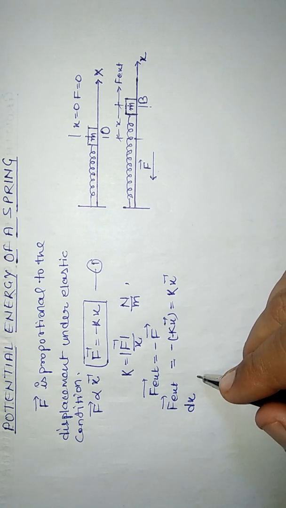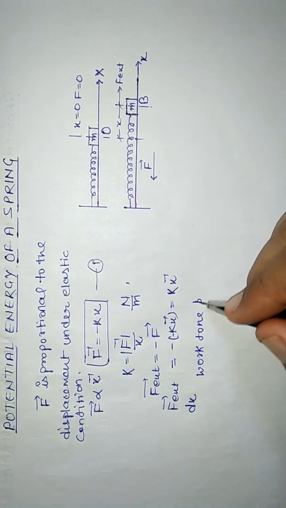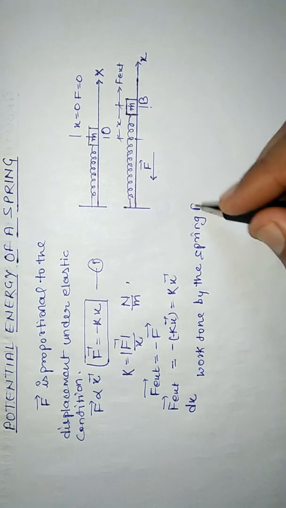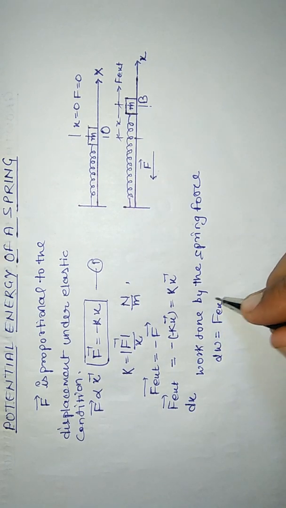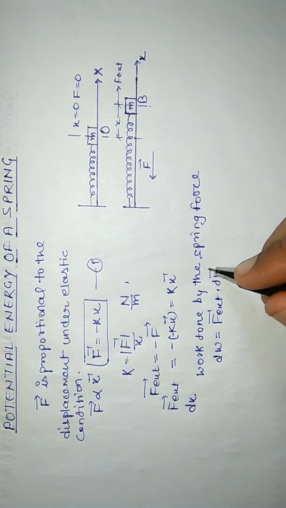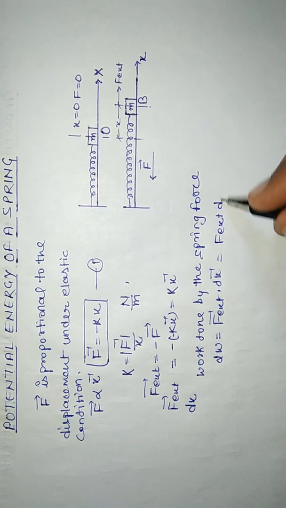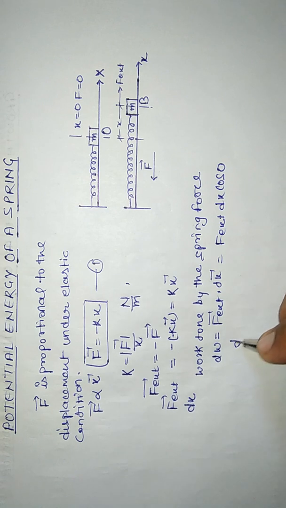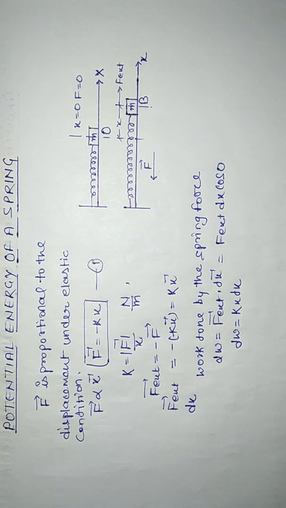Then the work done by the force, dW, is equal to F external dot dx, or F external dx cos 0, because the angle between force and displacement is 0 degrees. So this small amount of work done can be written as dW equals kx dx.